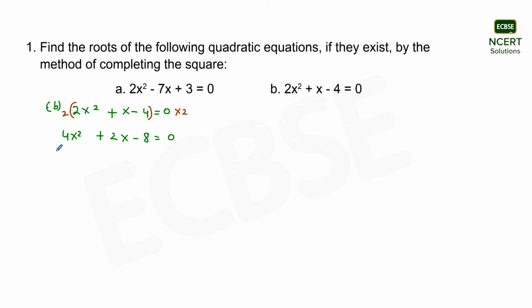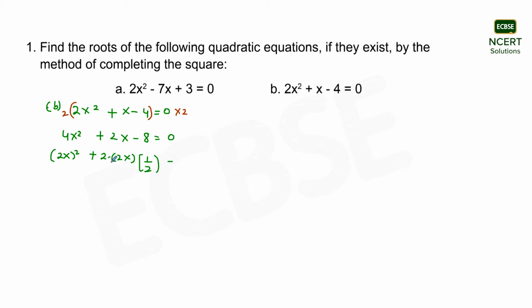And also, I can write 2x square as 4x square. And if I write 2x as 2 into 2x into 1 by 2, that is, in order to form this middle term as 2ab, where a I know is 2x and b happens to be 1 by 2, because I need to cancel out the effect of multiplication by 2 which I have taken.